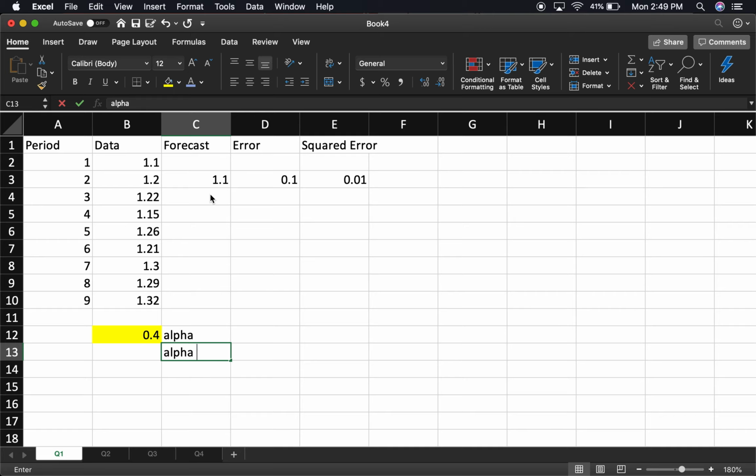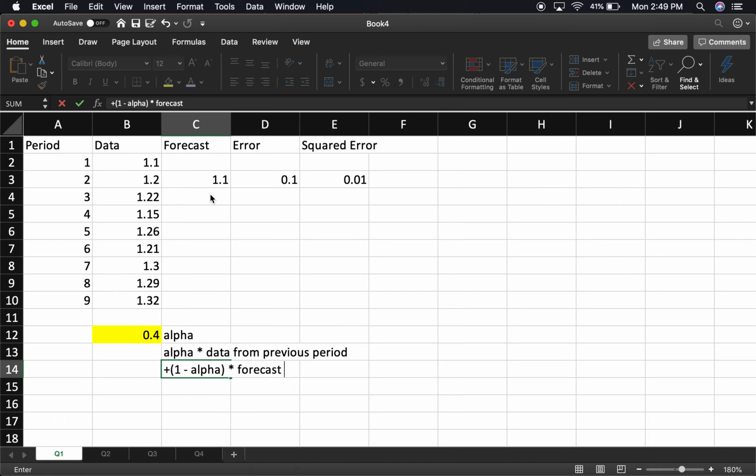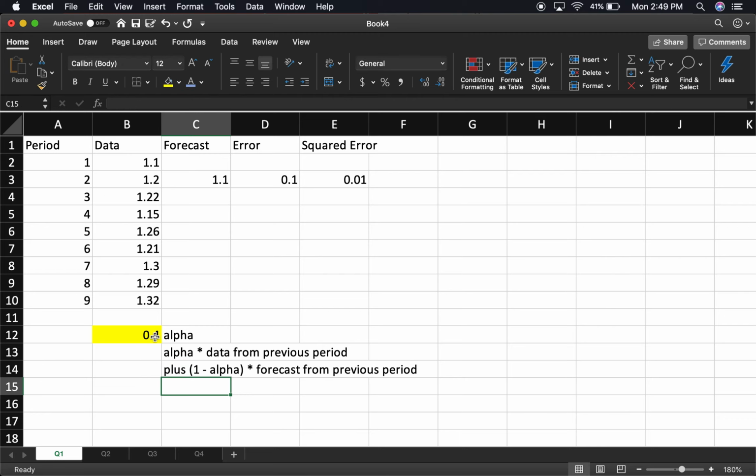We have alpha times the data from previous period plus 1 minus alpha times the forecast from previous period. So these two parts are going to make my forecast, highlighted right here in yellow.